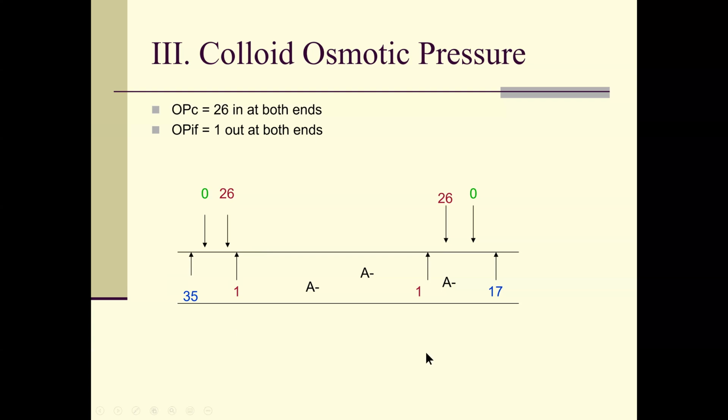At the venous end, we have a net filtration pressure, that's the pressure inside the blood vessel trying to push fluid out, of 17 out. We have a pressure of the proteins inside the capillary of 26 in, and a pressure of the proteins outside the vessel of 1 out.